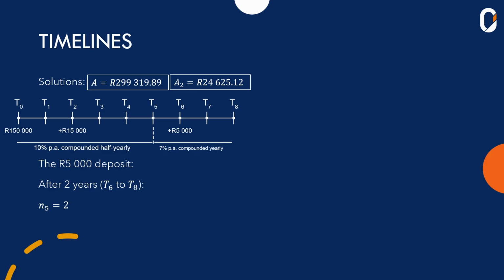That is the number of years it spent within the 7% per annum compounded yearly interest rate region. And again, the interest rate is 7%, 0.07. And now I am ready to introduce my compound interest formula to calculate the interest earned by the 5,000 rands deposit. And that will be A is equals to P, 1 plus I5 to the power N5.